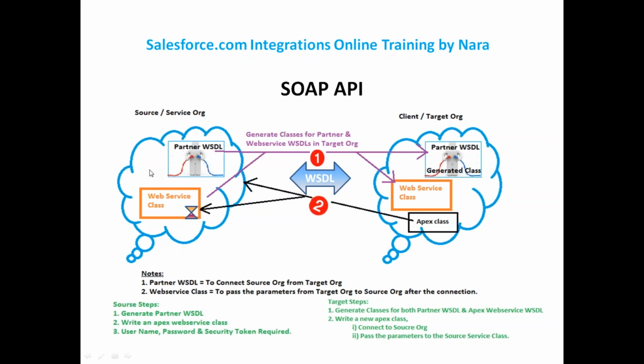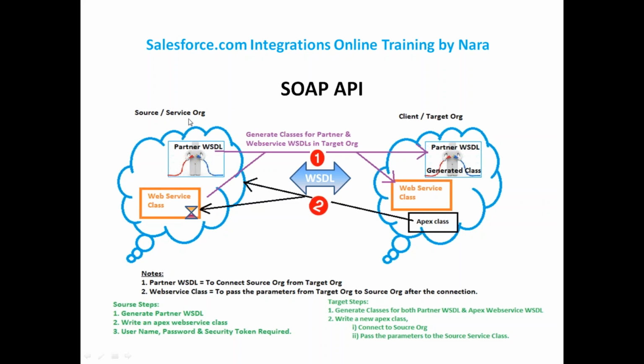Generate a partner WSDL, write an Apex web service class, and then generate a WSDL for your Apex service as well. So in the source organization there are two WSDLs, one for connection and one for receiving the data.